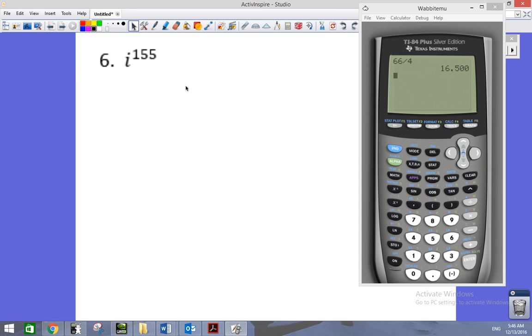The 155 is odd, so I know it's going to be either i or negative i. .75, that's 3, that's negative i. 204, it'll either be 1 or negative 1. It's divisible by 4. Remainder is 0.